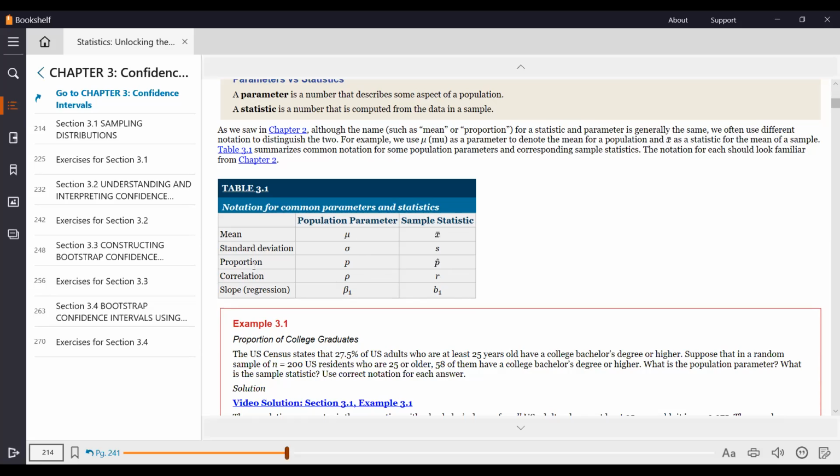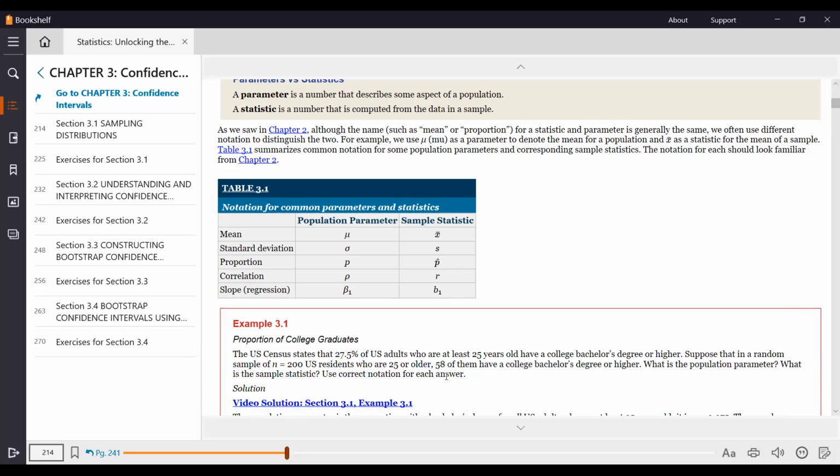And proportion, again, we're just counting the number of people who answer a certain survey question a certain way and then dividing by the number of people that we ask. That's the proportion. Okay, that's it. There's only two things you have to remember with this. Those two types of things, means and proportions. There's nothing else that we're going to be talking about. So we're trying to keep this as simple and as clear as possible so that you understand what we're trying to do.